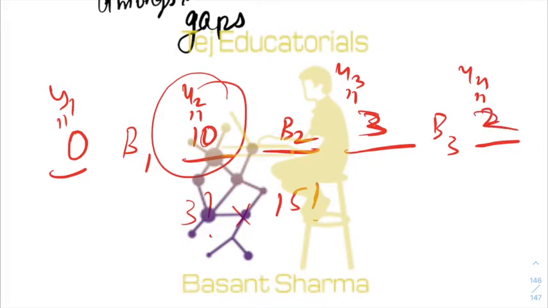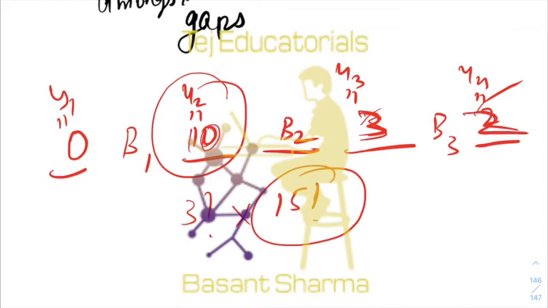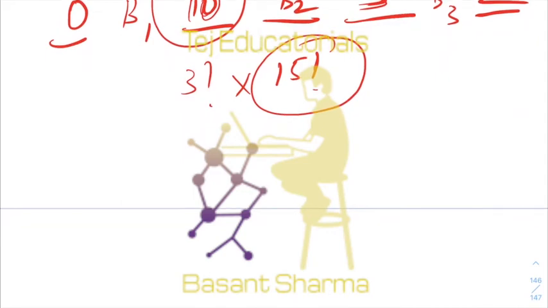But we have to take into account which 10 girls are here, which 3 girls are here, which 2 girls are here. So 15 factorial we have done like this. We have just permuted these 15 objects such that 10 are here, 3 are here, and 2 are here. Similarly for every solution. So the answer would be 14C3 into 15 factorial into 3 factorial.